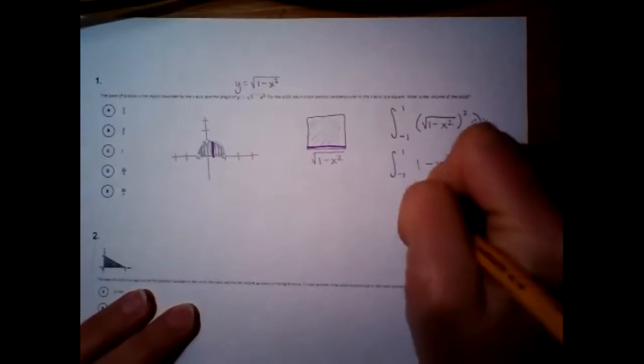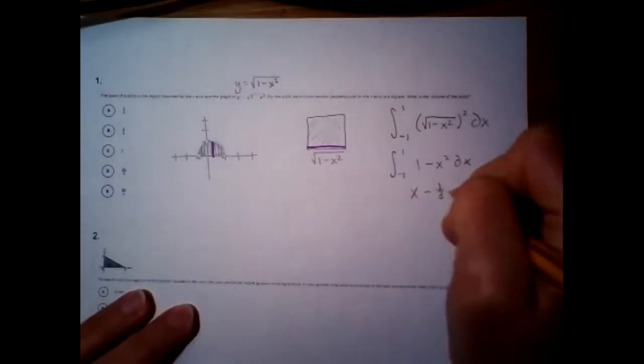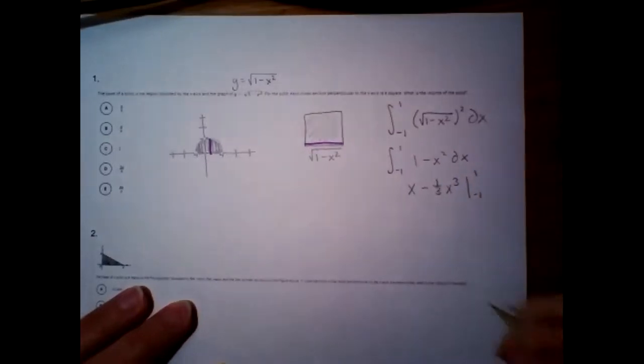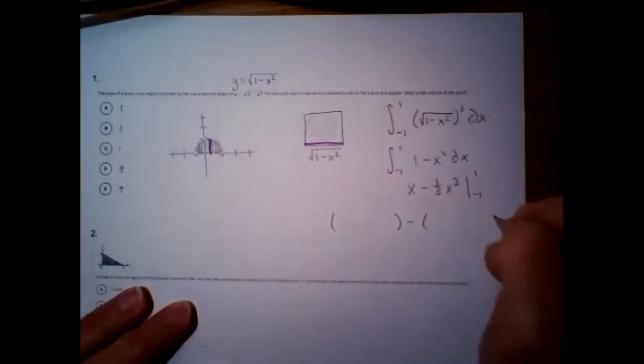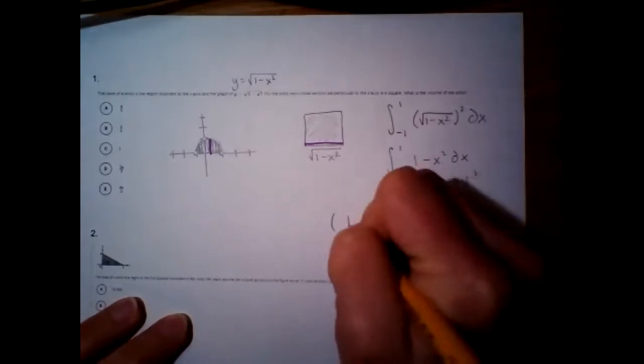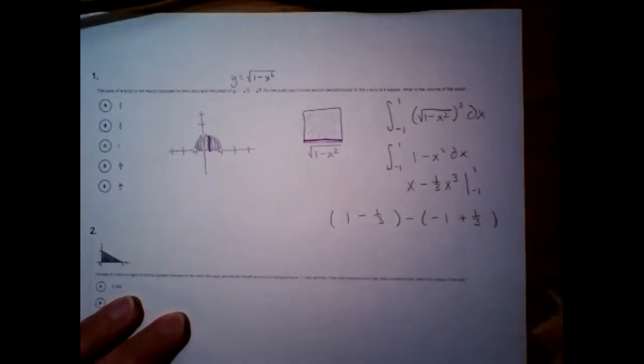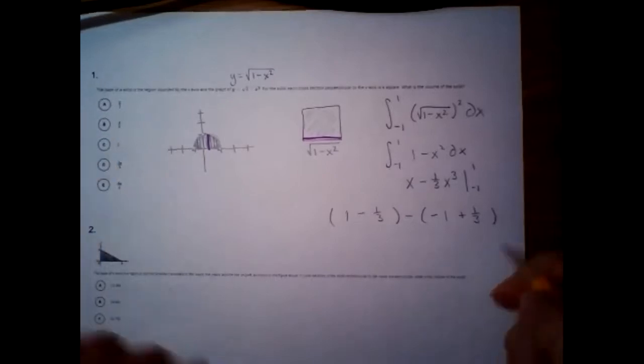This antiderivative will be x minus 1/3 x cubed from negative 1 to 1. If we plug in 1, we're going to get 1 minus 1/3. If we plug in negative 1, we're going to get negative 1 plus 1/3. Negatives are going to cancel. I have to keep going because all my answer choices are simplified down here.